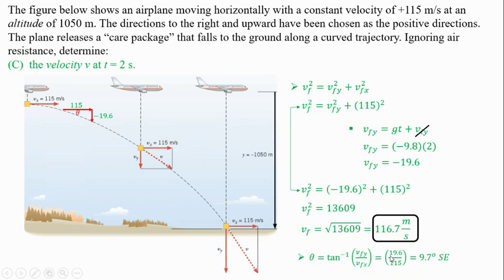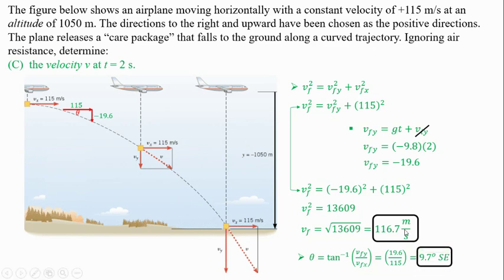Here, again, I've used 19.6 instead of negative 19.6. If you want, you can plug in negative 19.6. You'll just get negative 9.7 degrees. So that's up to you. I'm just going to say that the angle here is 9.7 degrees southeast, or 9.7 degrees below the positive x-axis, okay? All right, so that's that for part C.